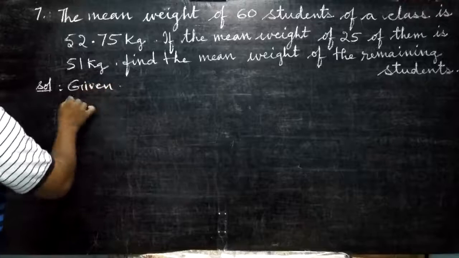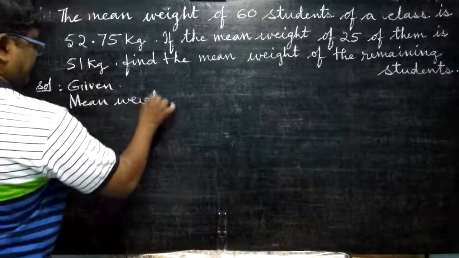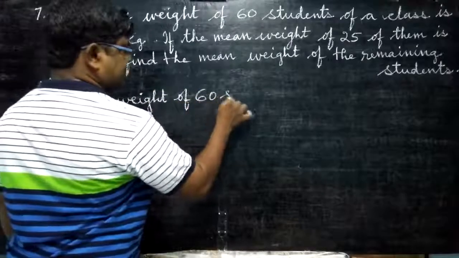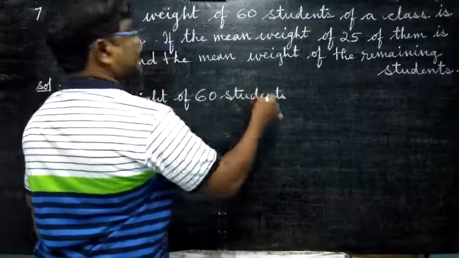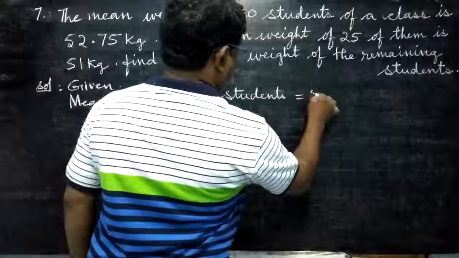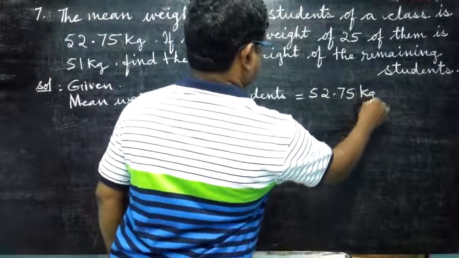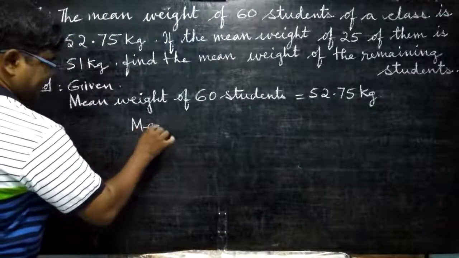The mean weight of 60 students is 52.75 kgs.